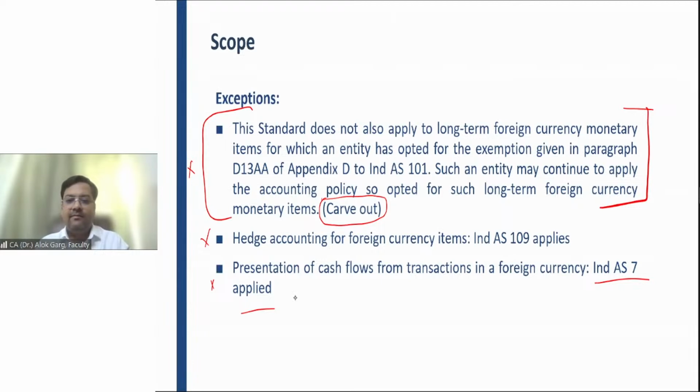Is that clear? Namrata is asking, sir, what is the difference between branch and subsidiary? So Namrata, subsidiary is more like a legal entity where the company has acquired shares, where the company will have control. But branch is just like an extension, right? You must have seen DPS. Have you seen Delhi Public School? Delhi Public School has, let's say, around 50 branches all across India, but the institution is only one, right?